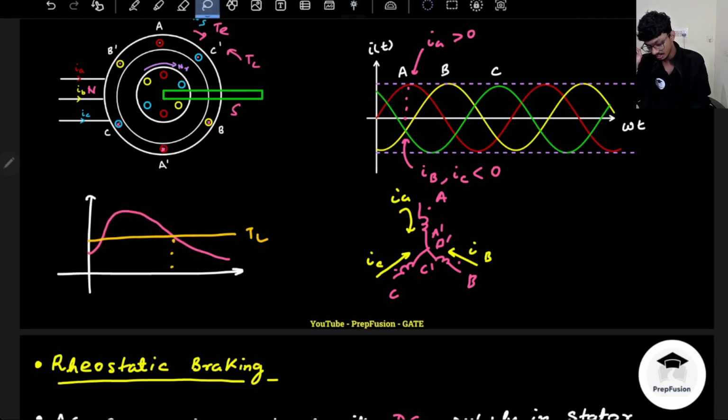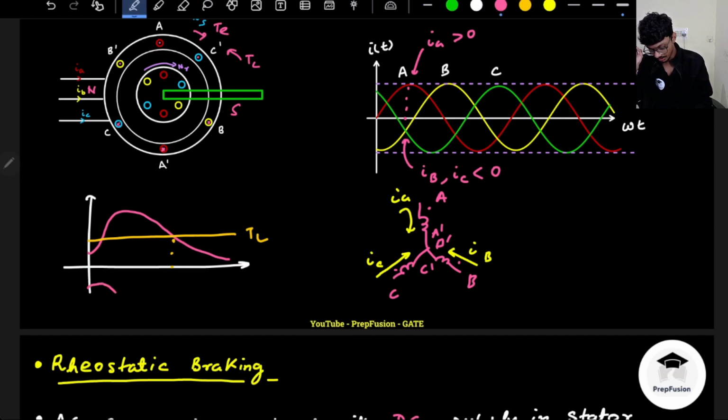It will create an opposing torque. The operating point will be somewhere here, because previously this was the operating point at slip S. Now it will shift to 1 minus S instantly.